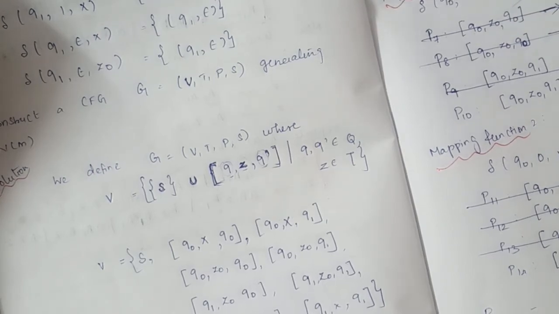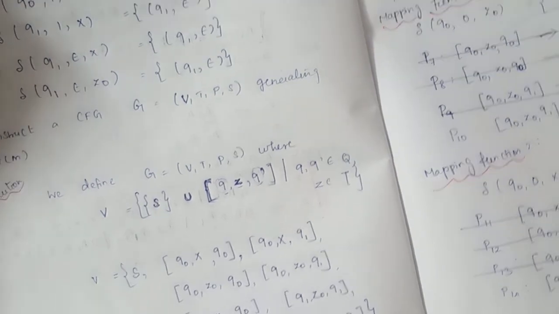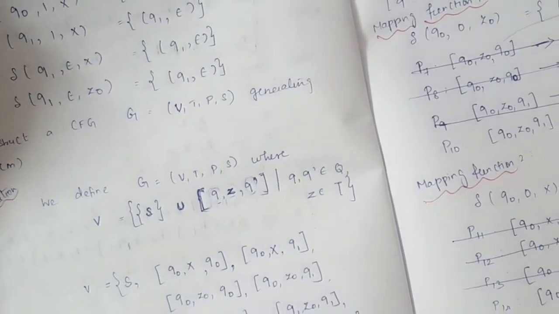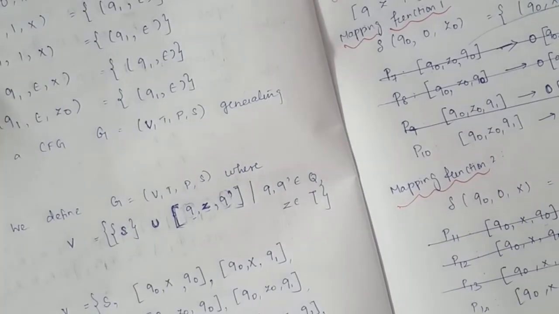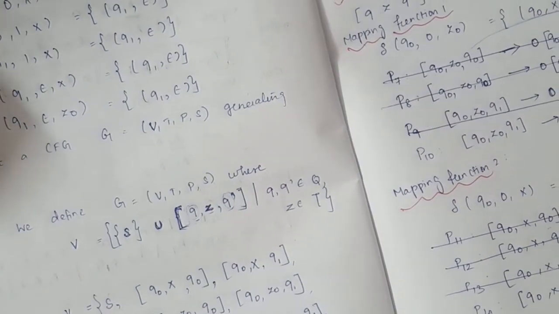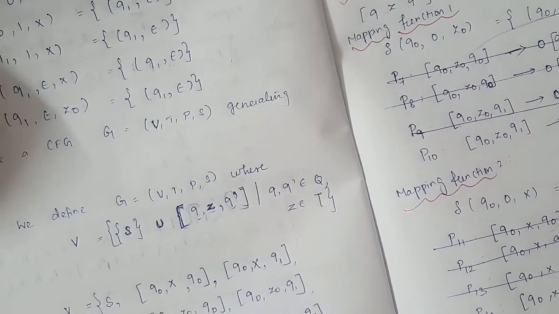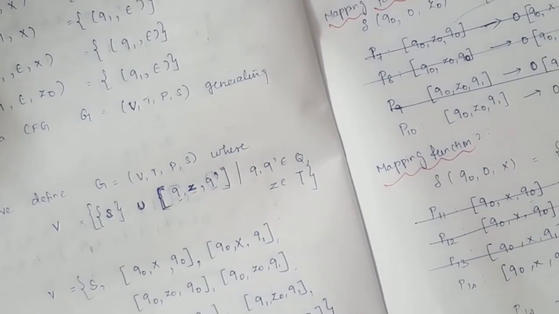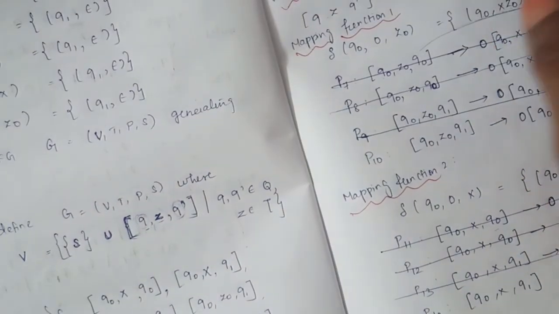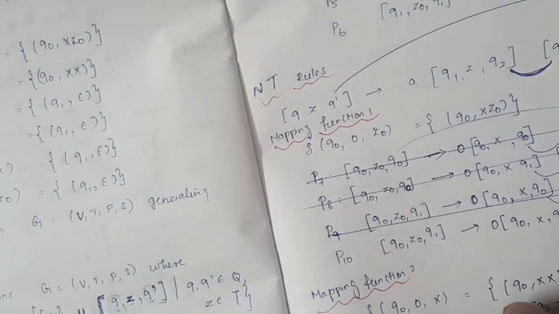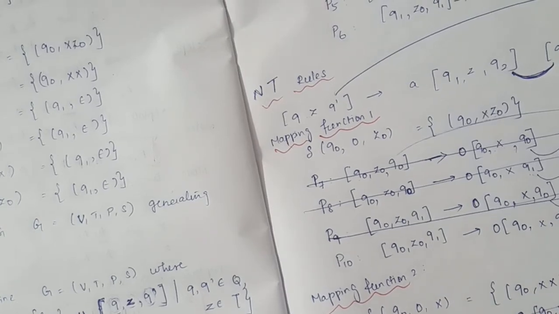Q naught, is it not q1? See once again, q naught, is it not q naught, so it is also going to be eliminated from this part. Next one, q naught, is it not q1? Okay, it is to be there.